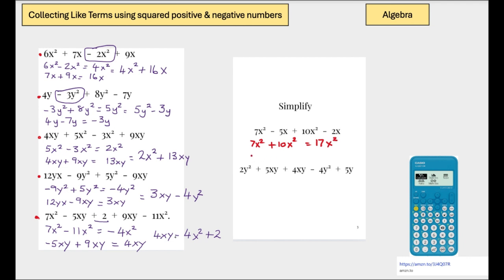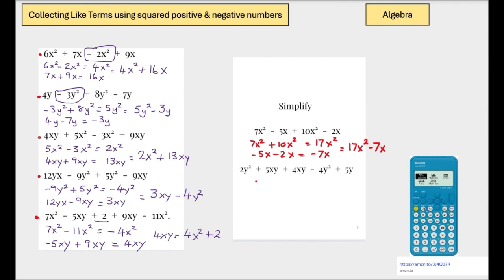And then we have negative 5x, negative 2x, which equals minus 7x. So we are left with 17x squared minus 7x. Nice and easy, really, after doing all those questions, isn't it?